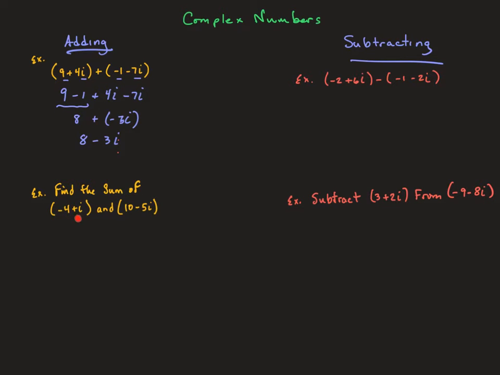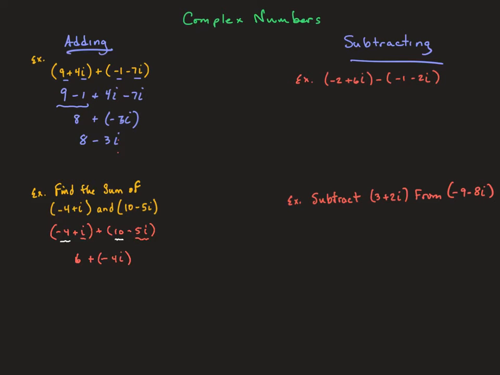Let's see here, find the sum of negative 4 plus i and 10 minus 5i. I'm adding, so I would have negative 4 plus i plus 10 minus 5i. When I combine my like terms, my real numbers are going to be 10 minus 4, which is 6, plus I have i minus 5i, which is going to give me a negative 4i.